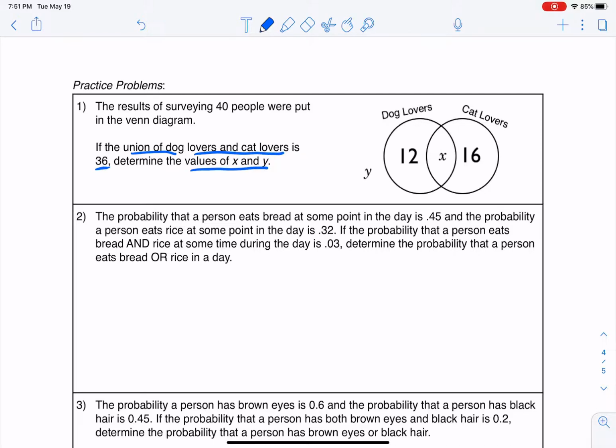Okay, so I know that the total number of dog lovers and cat lovers is 36.